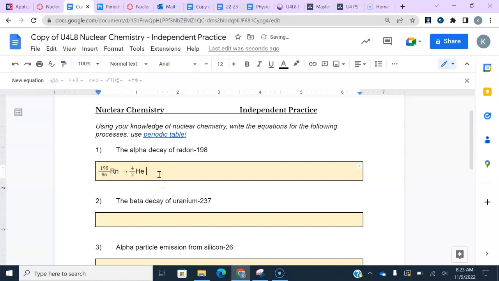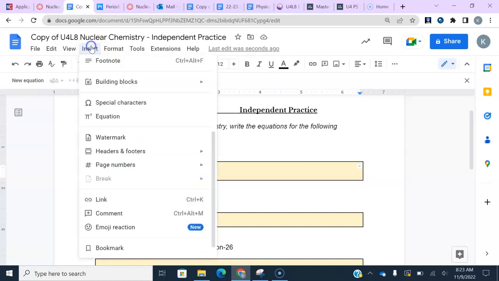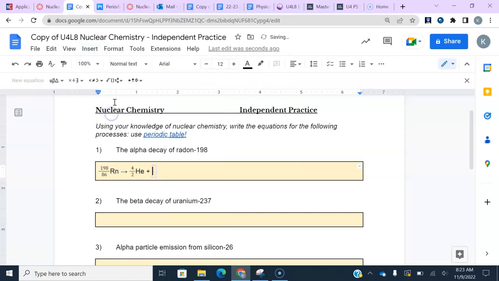Now we have to figure out the new element that's formed. So let's go ahead and do our same thing. Let's insert our equation. And we need another fraction. Now, to do alpha decay, since we're losing an atomic mass of 4, whatever mass is right here with our element, so it's 198 for this radon, we'll do 198 minus 4.